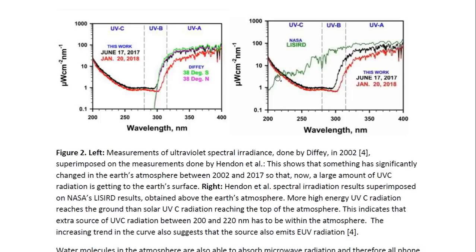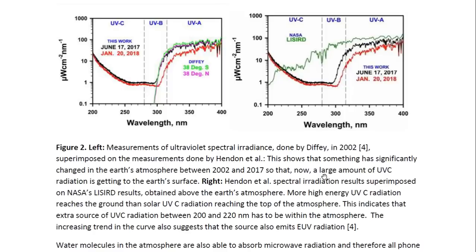You can see that at the highest energy or the lowest wavelengths, there is now more UVC radiation reaching the surface than was reaching the top of the atmosphere from the sun. So this can only indicate one thing, and that is that there is a source of UVC radiation within the atmosphere.